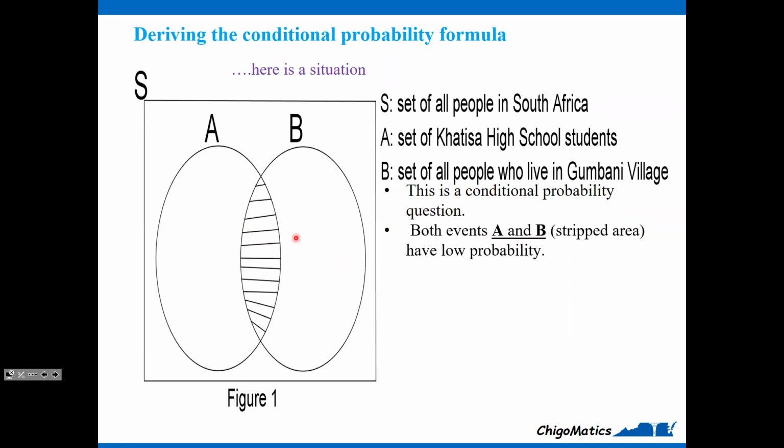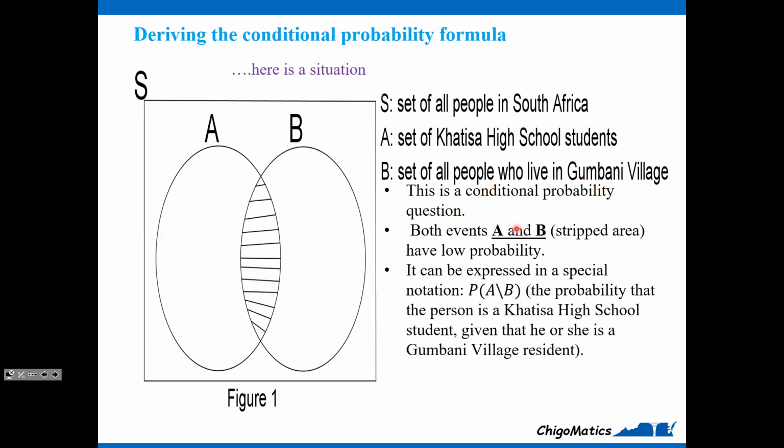Because that's what we want to calculate: the person we are told is a Gumbani resident, and we want to check the probability that he is at Katisa, so that person falls in this region. This is why we are saying it has low probability, because South Africa is a very big country. When you pick a person in South Africa, the possibility that that person will be in Gumbani and at Katisa High School is very limited.